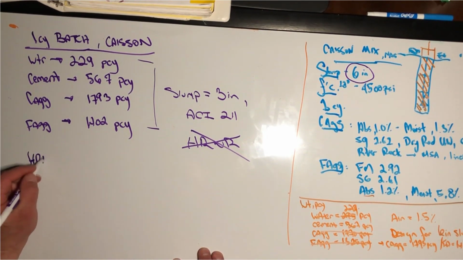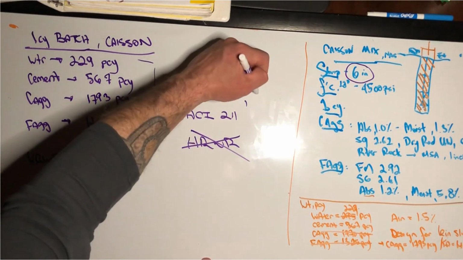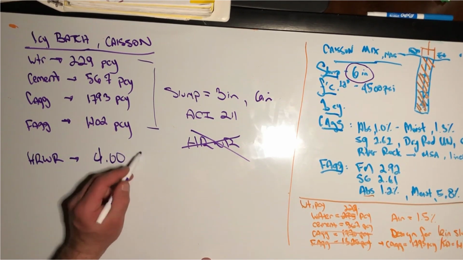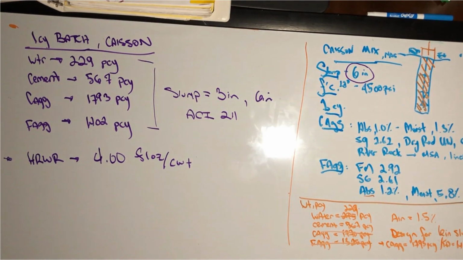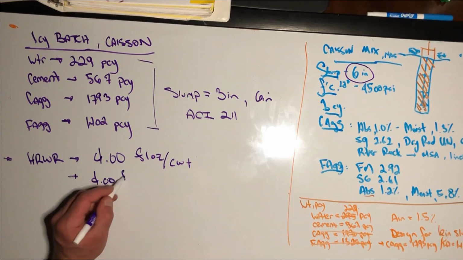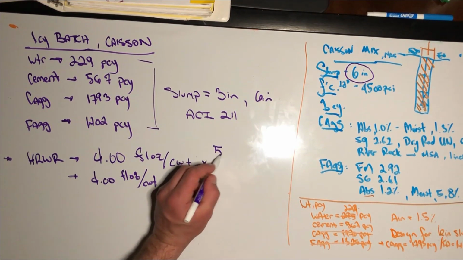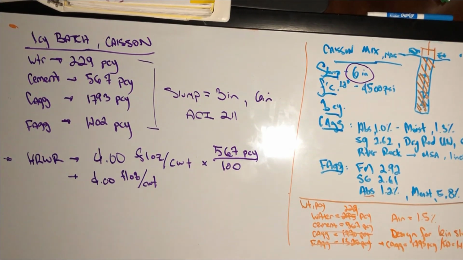So for my high-range water reducer, and there's a bunch of them out there, and really it's the back of the soup can, but let's just assume that my dosage rate to get me from a 3-inch slump to a 6-inch slump is somewhere around 4.00 fluid ounces per cement hundredweight. Now, what the heck is a cement hundredweight? That's something that took me a long time to really understand, and really all it is, we have our fluid ounces per hundredweight. We're going to multiply it by our 567 pounds per cubic yard of cement divided by 100.